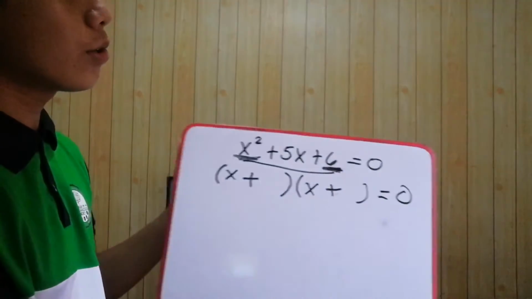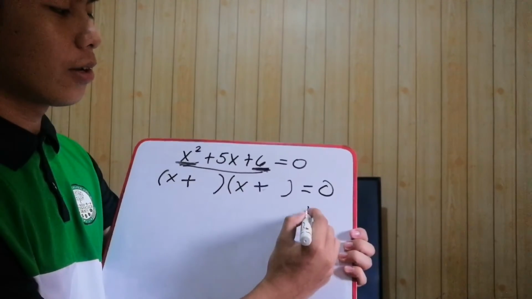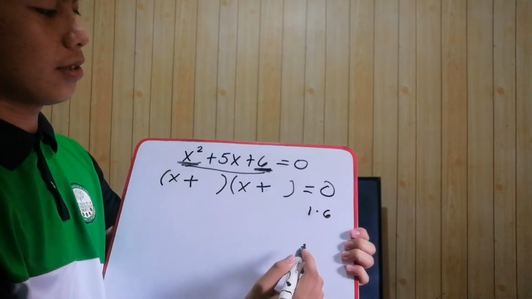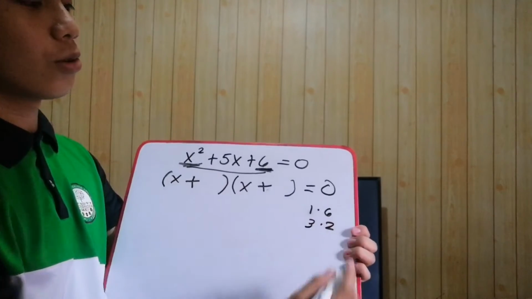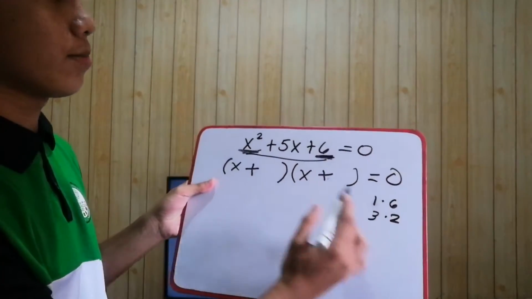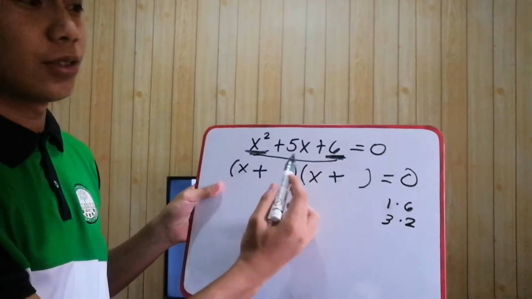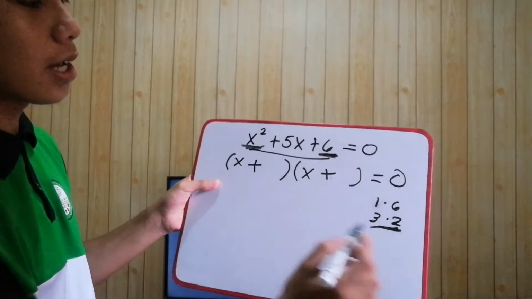Okay? So, ano-ano bang mga factors ng 6? Factors ng 6, pwedeng 1 and 6. Pwede rin 3 and 2. So, alin sa dalawa, kapag i-add natin, mag-i-equal sa 5. Diba, itong factor na to. So, ito yung gagamitin natin.